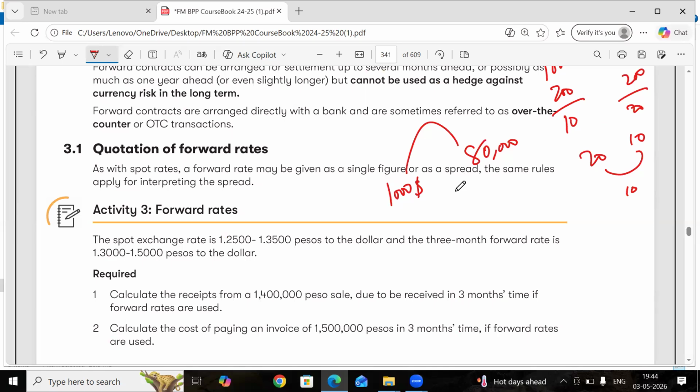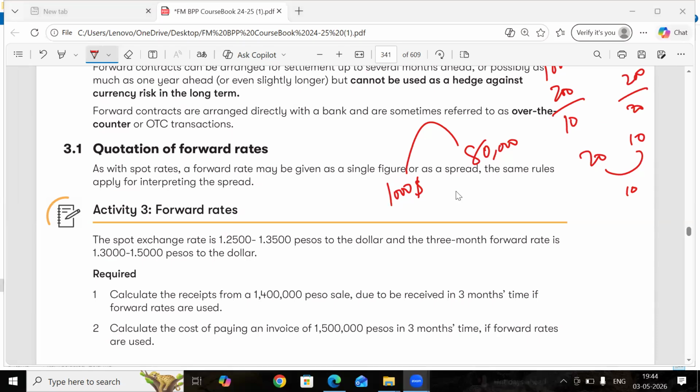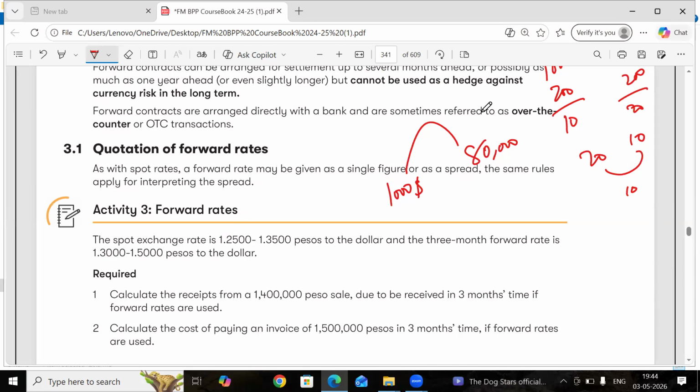I can wait for that point at which the dollar will depreciate and my currency will appreciate. Let's say after 3 months, $1 has become 70. So immediately I'll pay $1,000. If I convert for 70, I get 70,000. So of course, previously I was making the payment of 80,000. Now I'm making the payment of 70,000 and I save 10,000 rupees.